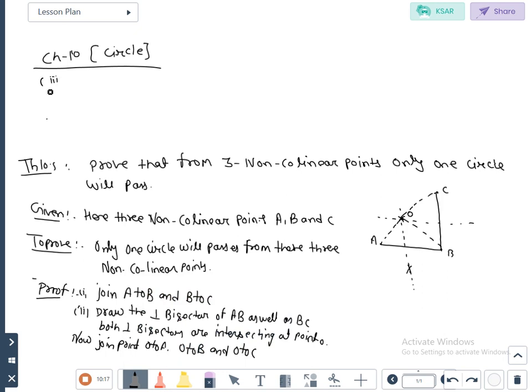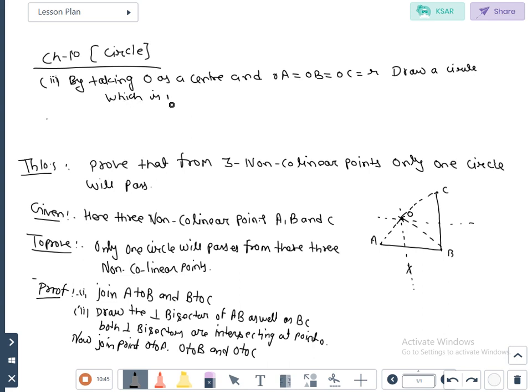Step third, by taking O as a center and OA equal OB equal OC equal R, draw a circle which passes from points A, B and C. So we will take O as a center and OA equals OB equals OC as radius.